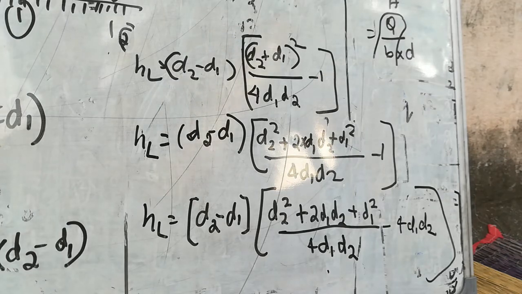So next I can write this equation, a plus b whole square, we know that one, this is a.